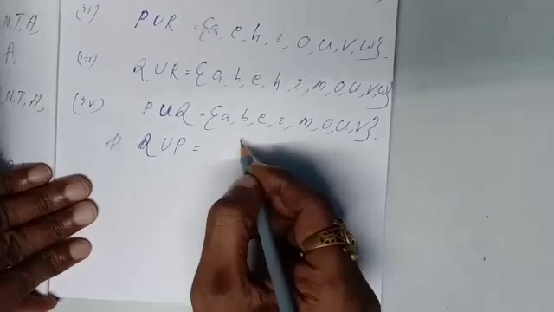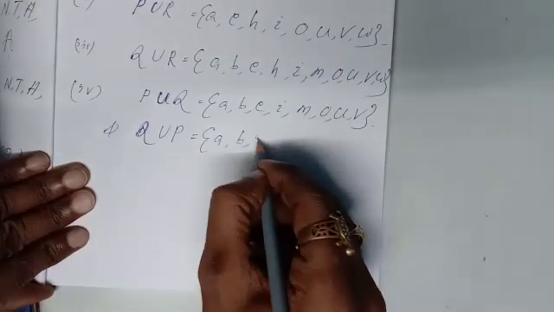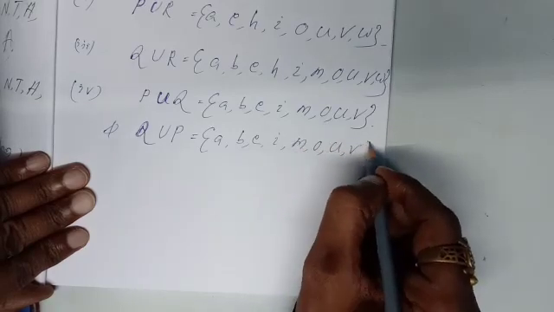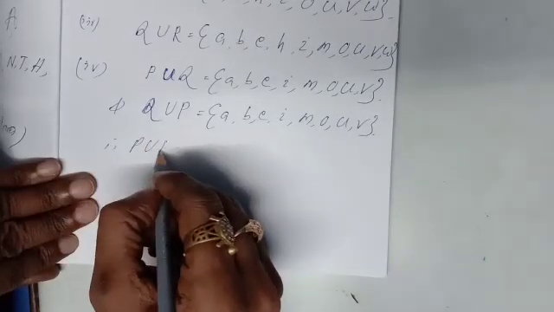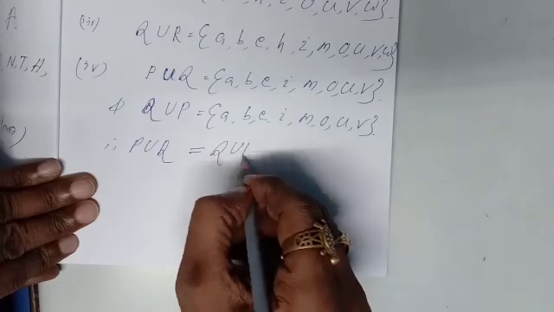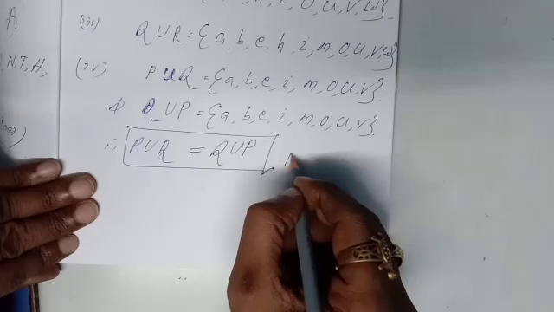Same elements will be there: A, B, E, I, M, O, U, V. So what is the conclusion? Therefore, P union Q is equal to Q union P. In this way, the fourth part, the proof, is proved.